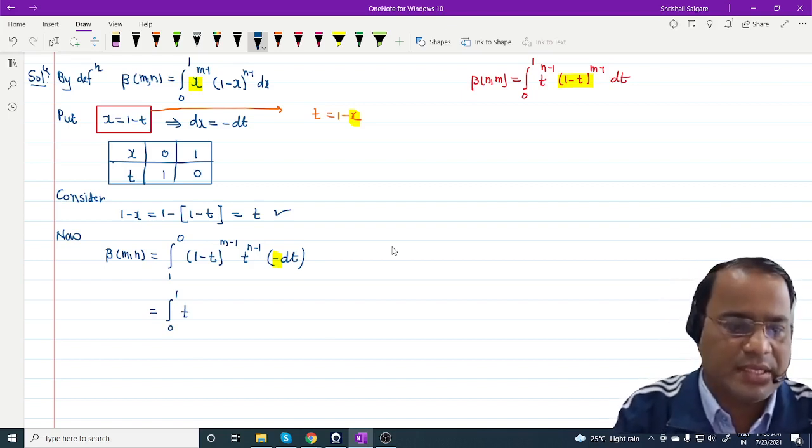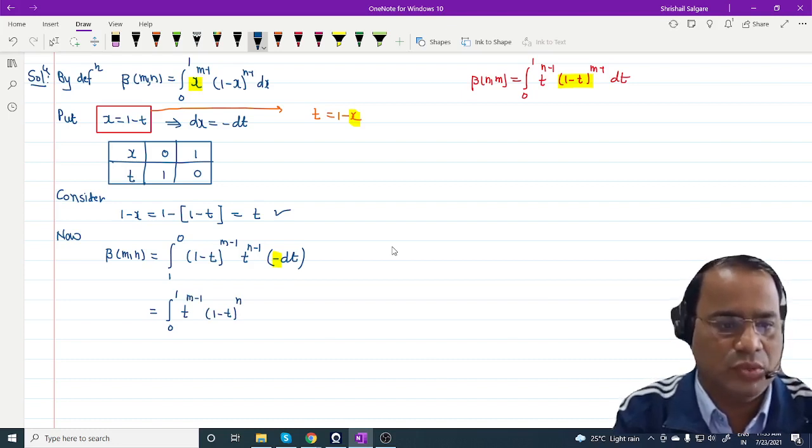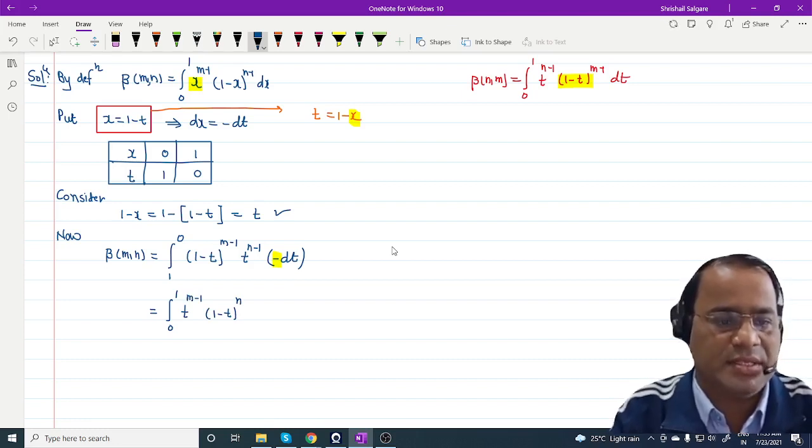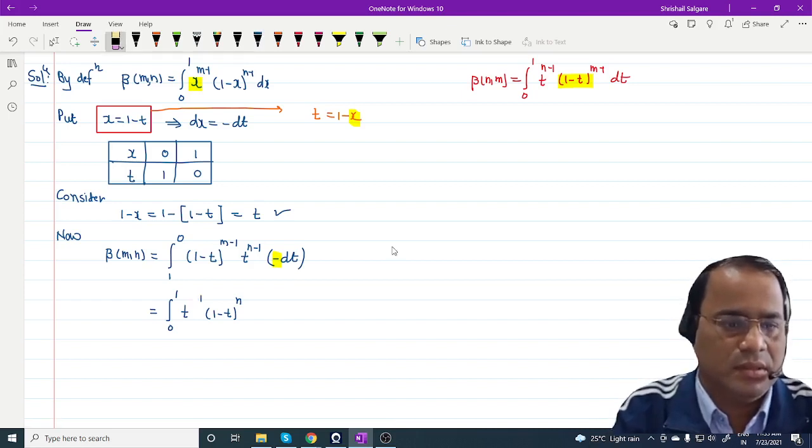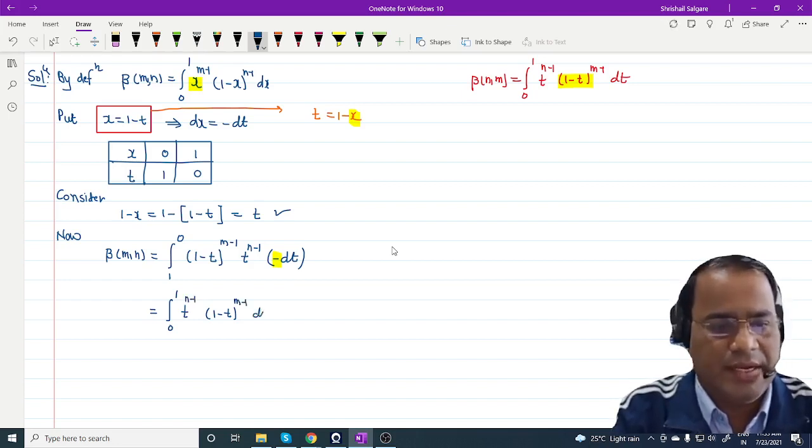That can be written as t raised to m minus 1 into 1 minus t raised to, something is wrong, just a minute, the first one is n minus 1 and this one is m minus 1, dt.